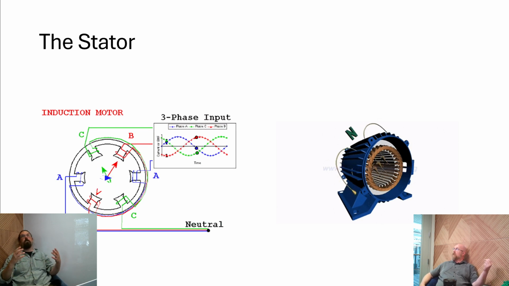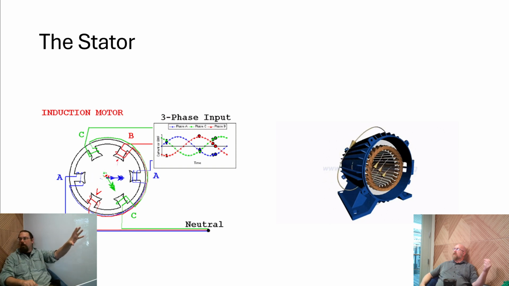That means we have a magnetic field that is changing in strength around the perimeter of these field windings. On the diagram on the right, you can see this rotating magnetic field, like a spinning north and south. That's the combined effect of the diagram on the left.